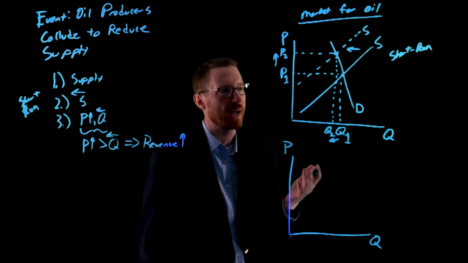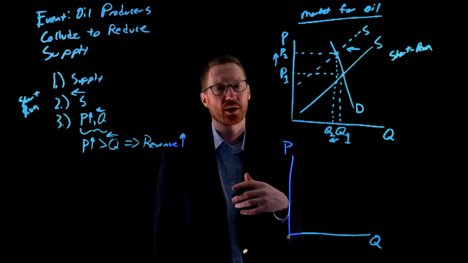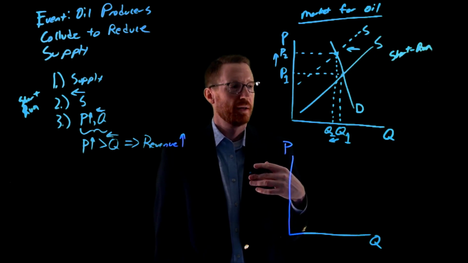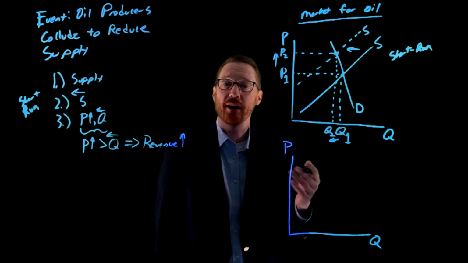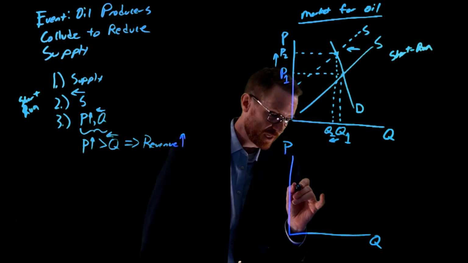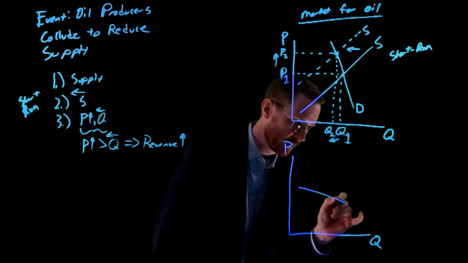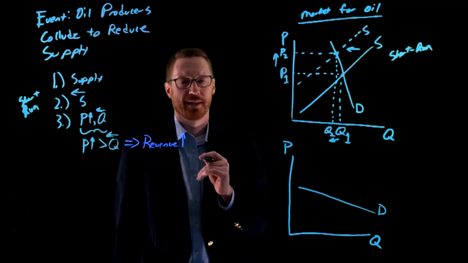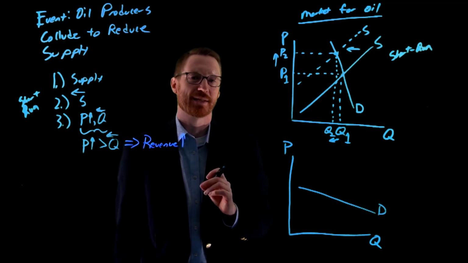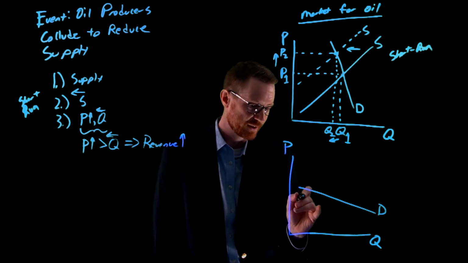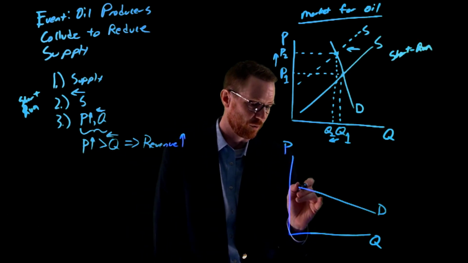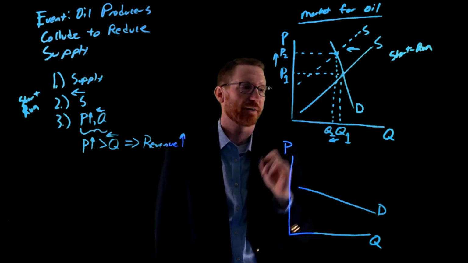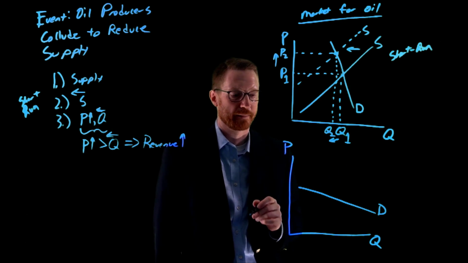But given enough time, people can move closer to work, they can figure out how to commute on bicycle, they can carpool, they can rearrange the way they run errands, etc. So over time, in the long run, the demand curve is much less inelastic. It's more elastic. So a small change in price has a bigger effect on quantity than in the short run, where a big change in price has a very small effect on quantity.